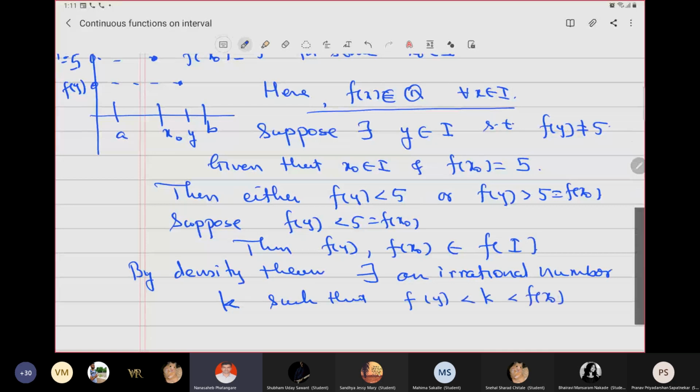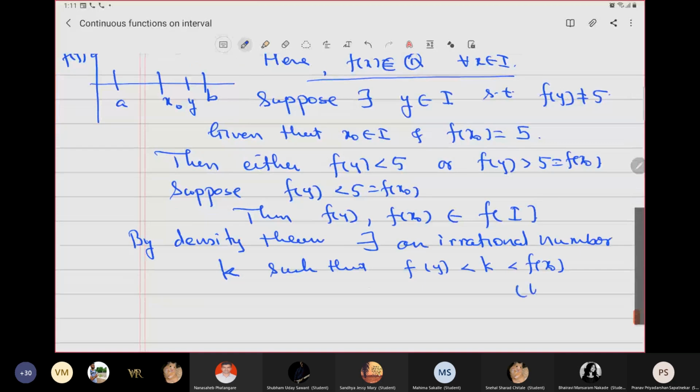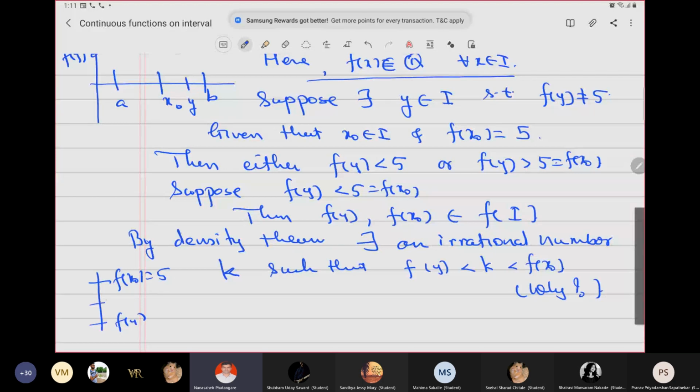Is it true? Yes, sir. Certainly, because f(y) and f(x0), which is 5, we are assuming f(y) is not the same as 5, so there is a k in between.